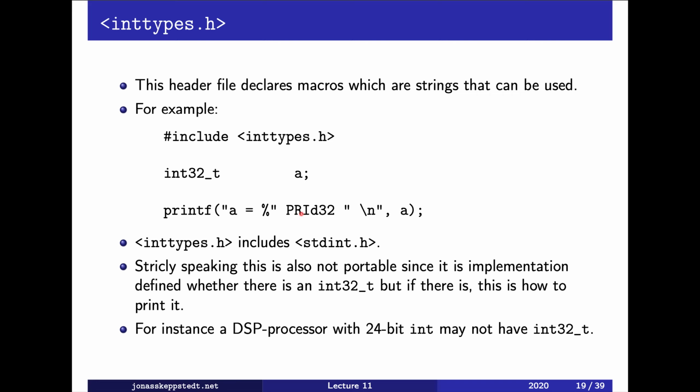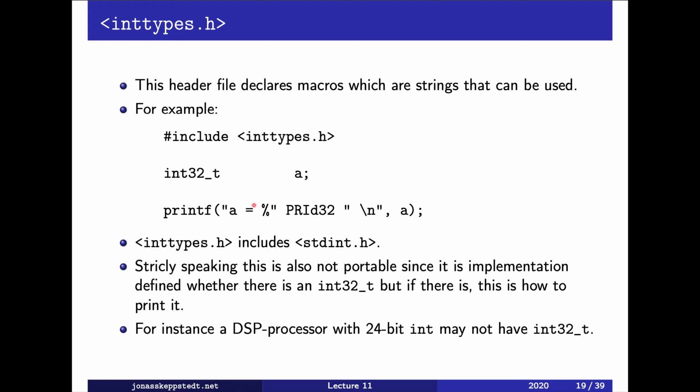This macro is a string, which is, well, it depends on what type this corresponds to. I mean, this is a typedef, and it's either int or long, or signed int or signed long. And so this, if it's a plain int, then this will be a string containing d.